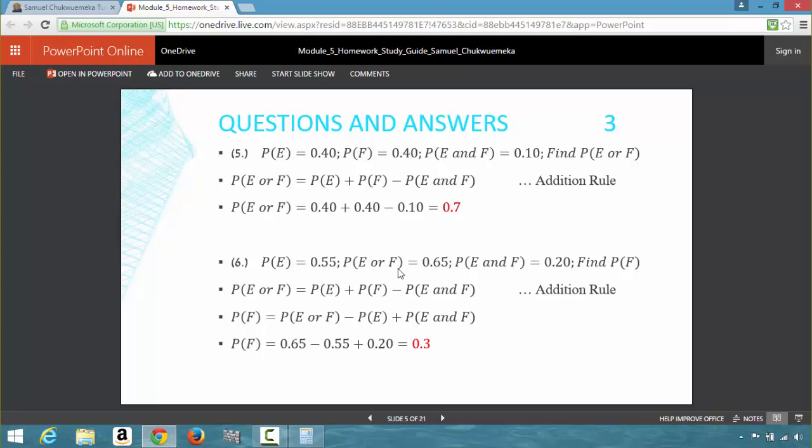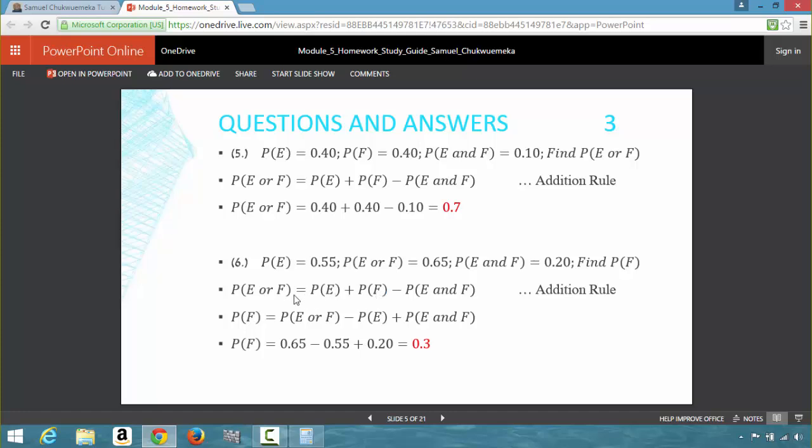Question 6 is basically the same format, but in this question 6, they want us to find the probability of F. So you do the equations, right? You use the literal equations. You isolate the probability of event F. Okay, you isolate it.